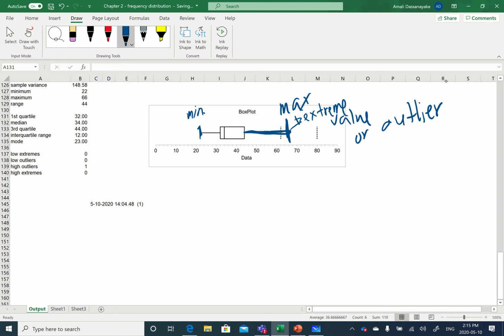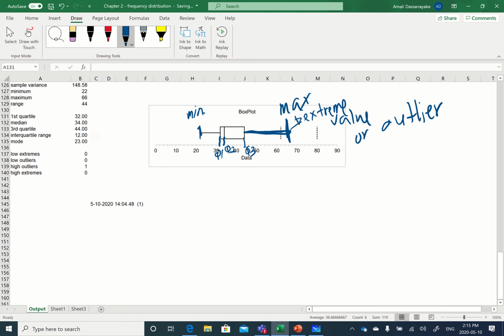And this rectangle consists of the quartiles. So this side is aligned to Q1, and this middle bar inside the box is aligned to Q2, and this one is aligned to Q3. So that's how the box plot is made.